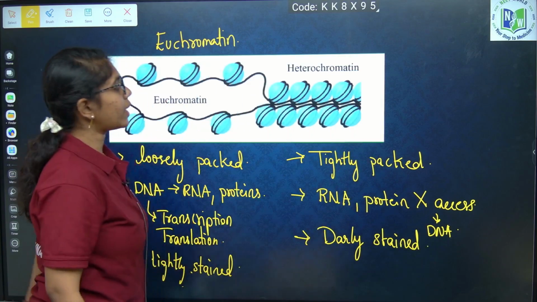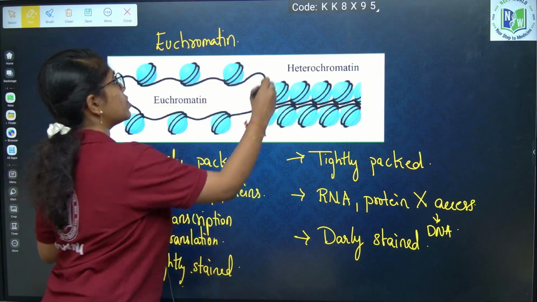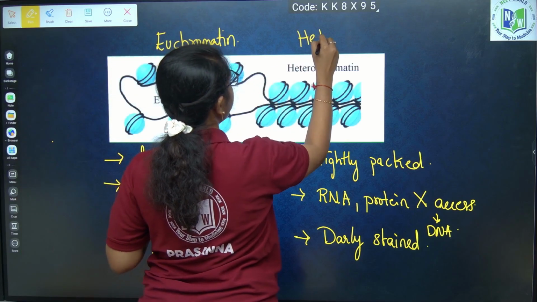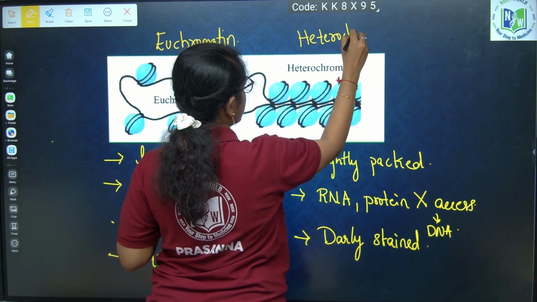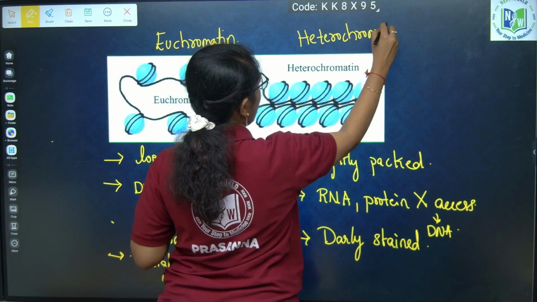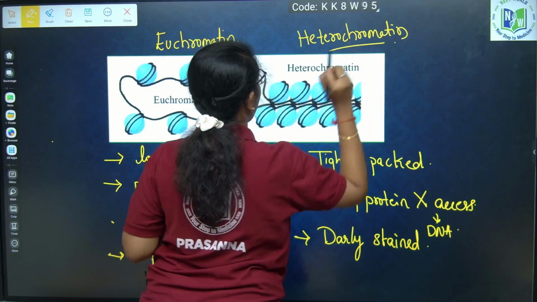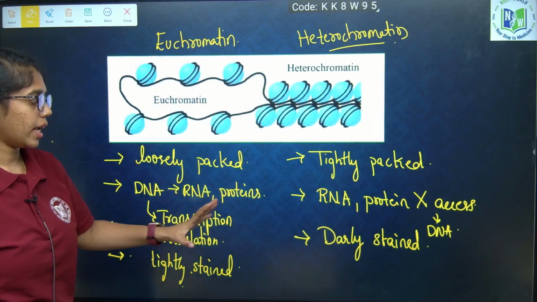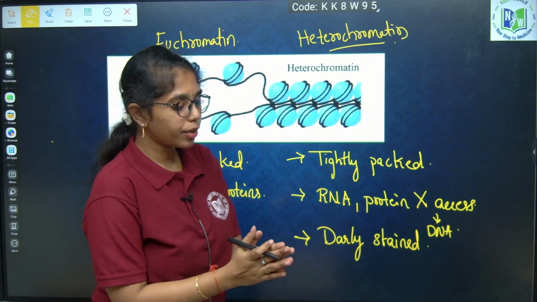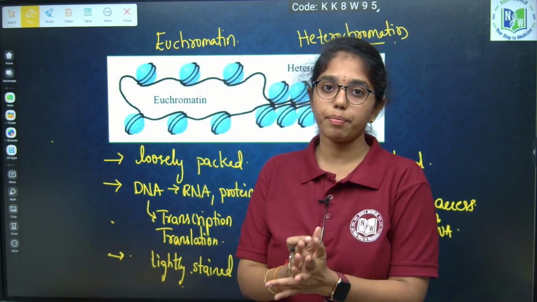These are the 2 types of chromatin which are formed at the end of packaging. One is expressed and the other is unexpressed and dark. This is what we have learnt today, that is DNA structure and packaging.